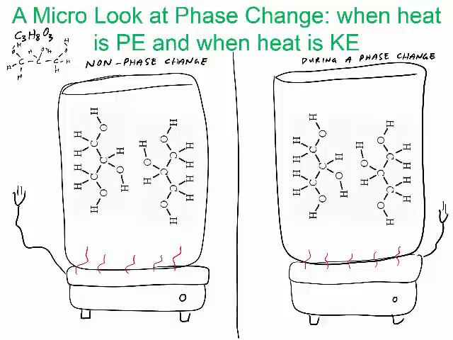So my picture here is showing the glycerin molecule sideways. As you notice, it has three OHs on it. So it has an OH here, another OH here, and then another one here.